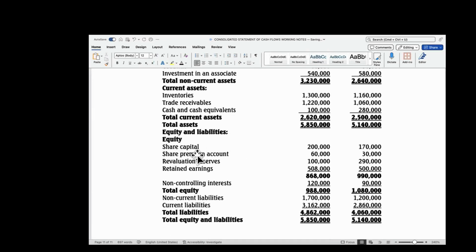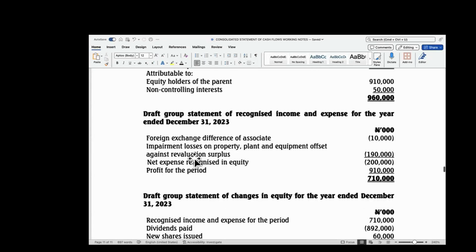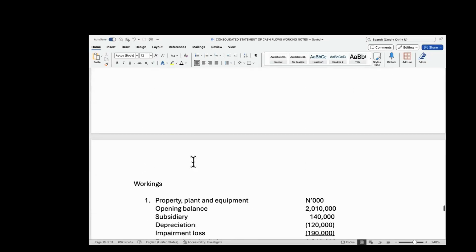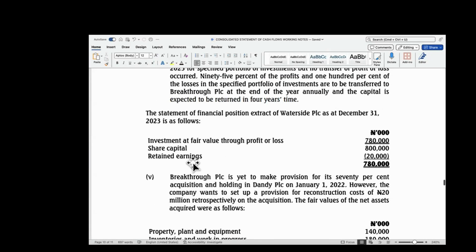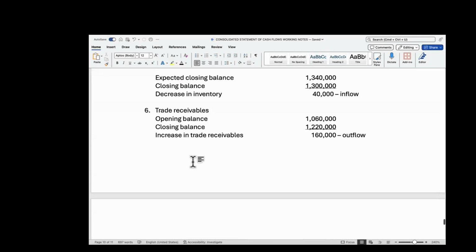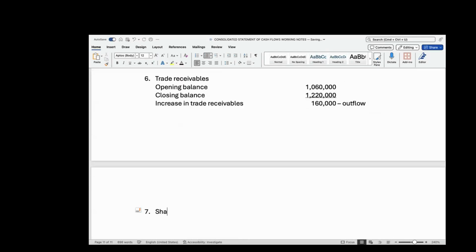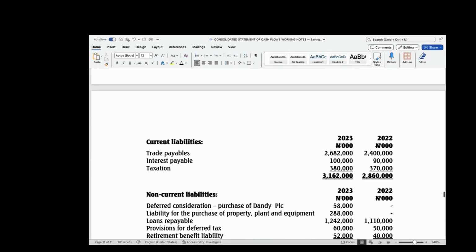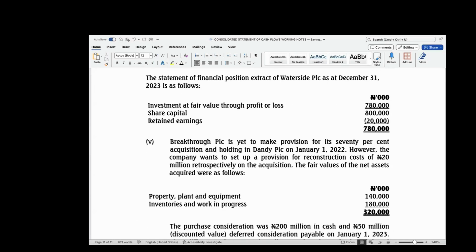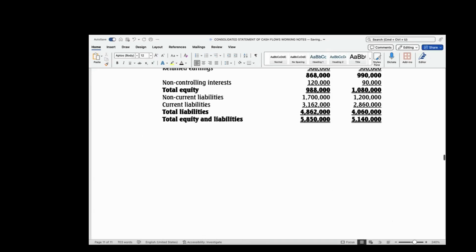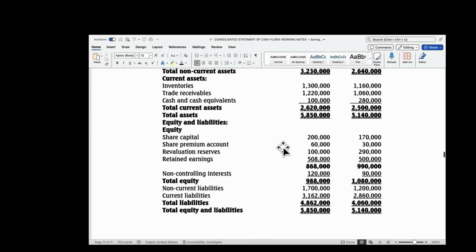Share capital, share premium. I don't even need to. I have to. Was there any share issued? Let me just do the movements. What's the opening balance? Opening 170, closing 200.